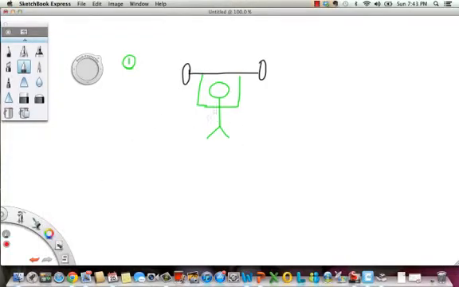Okay, and in order to lift those weights, he has to have energy. And so he needed energy to do the work of lifting the weight. And in lifting this weight, he was able to cause change.